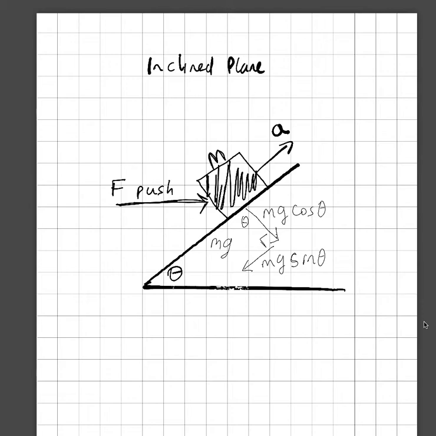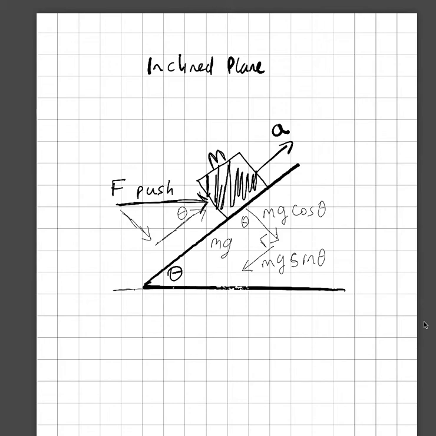In addition, when you're pushing, assuming you're pushing horizontally with the level ground, your force has two components. It has a component that's parallel to the plane and a component that's perpendicular to the plane. Again, this is theta, that angle there.